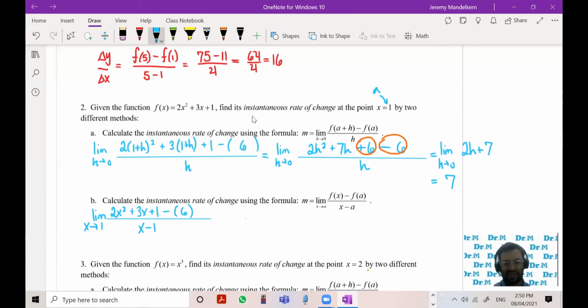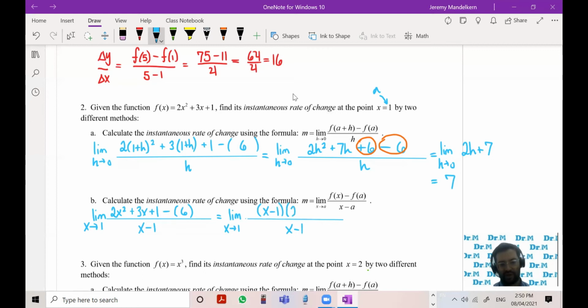So the next task is to try out those algebraic techniques. Can we simplify the function before we apply the limit? Well, it turns out we can. So in the numerator, we can factor, and unsurprisingly, the troublesome factor of x minus 1 that's in the bottom is also a factor of the top.